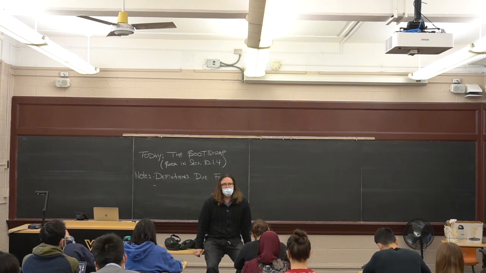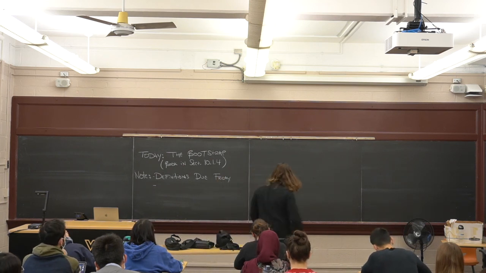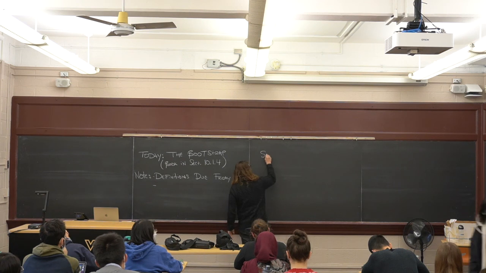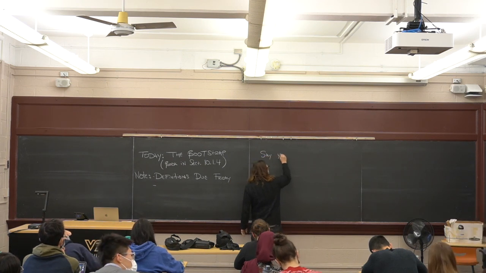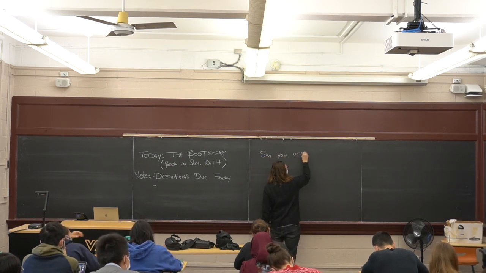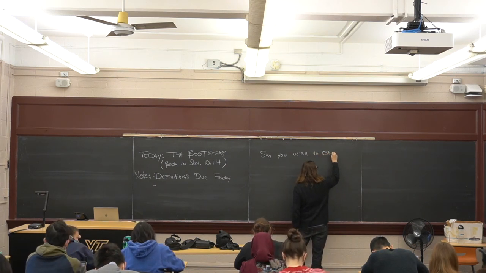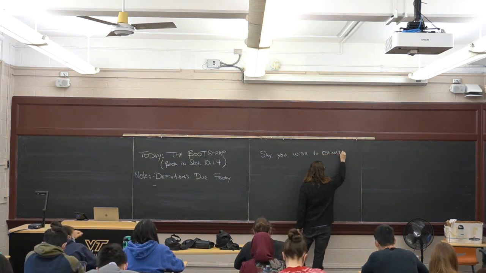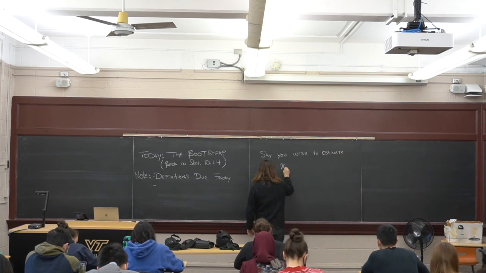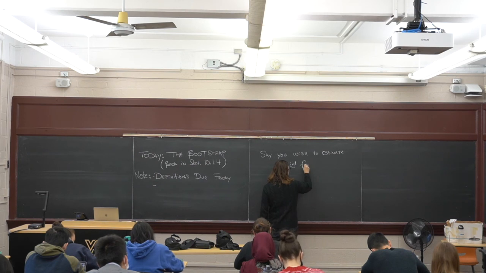Let's say I want to estimate some test statistic. So say you wish to estimate, and I'll say you get to see some data, the X_i's, we'll make these IID. Some data from some distribution.